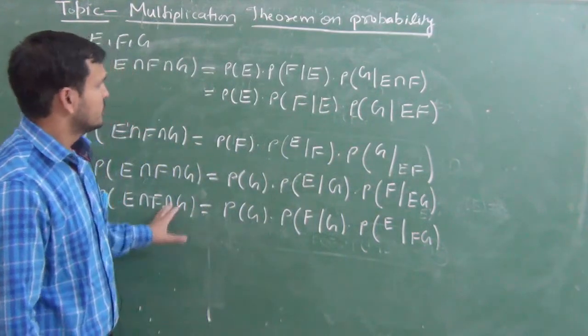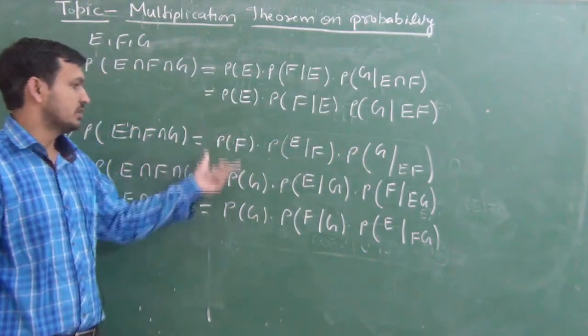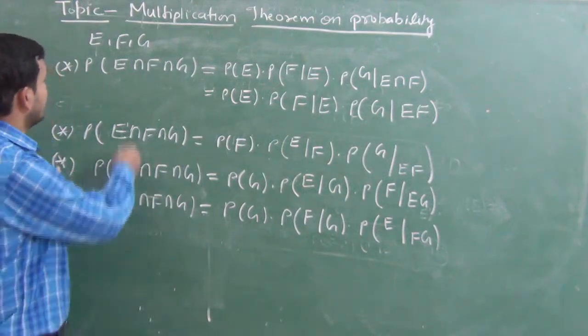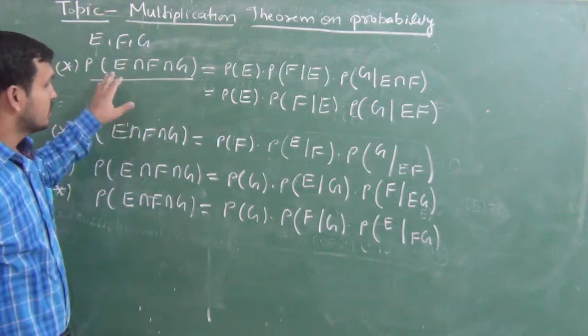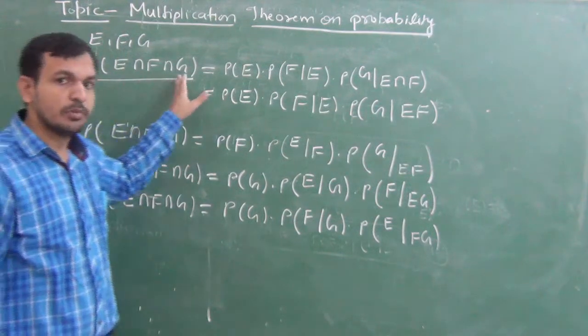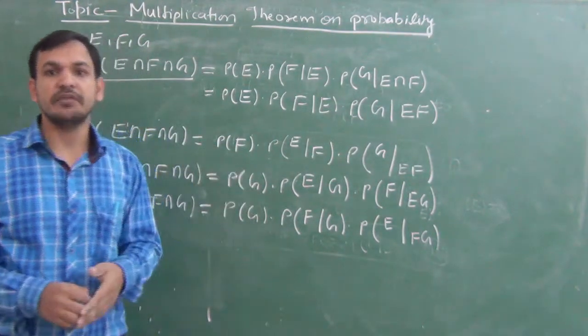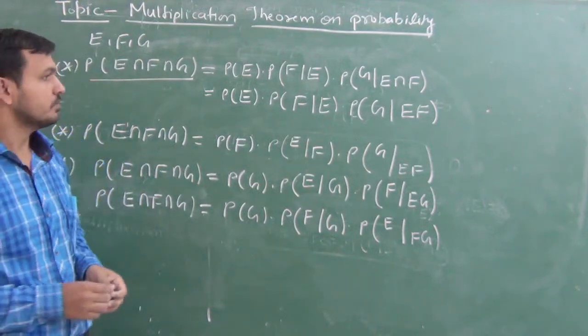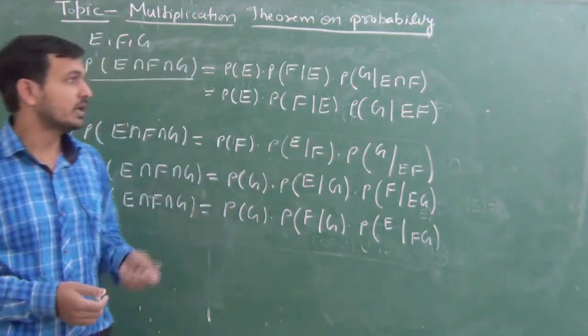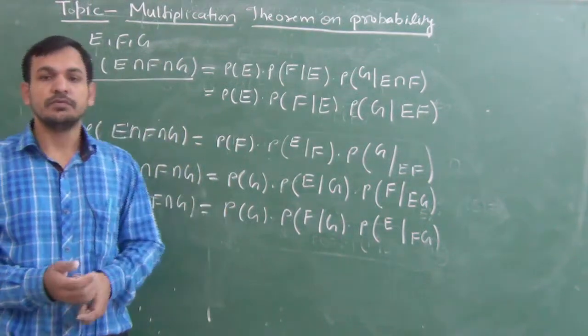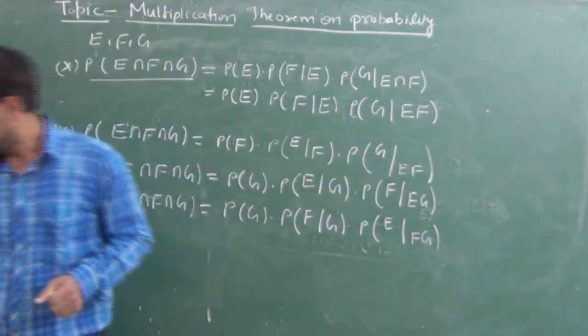Clear? So we can use any of these results to find the probability of E intersection F intersection G. So this is called the multiplication rule of probability for 3 events E, F and G. Now let's discuss some questions on how we can use these results to find the probabilities.